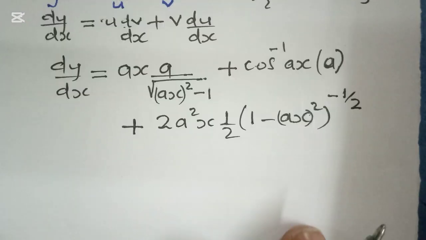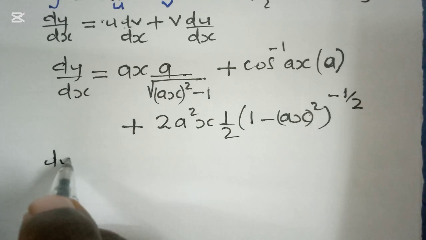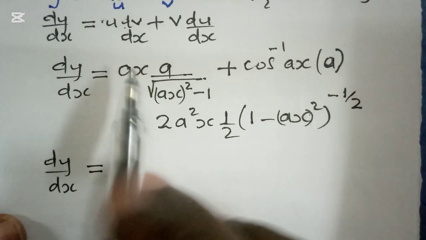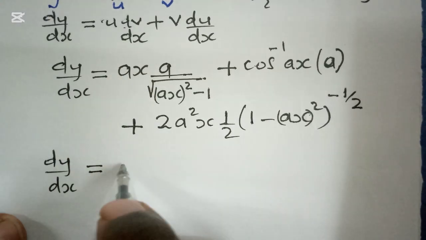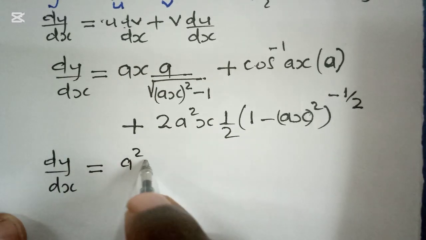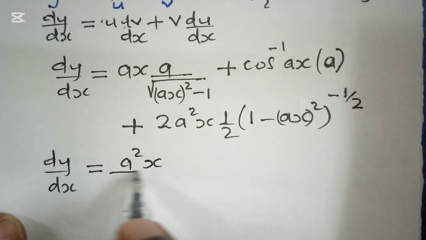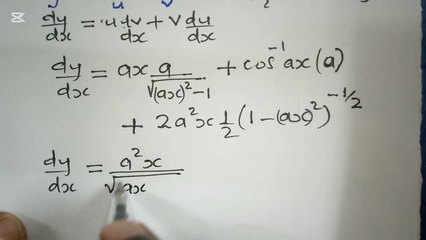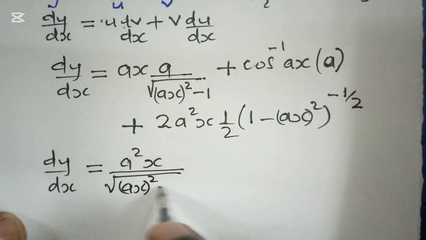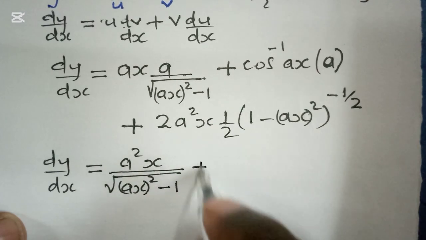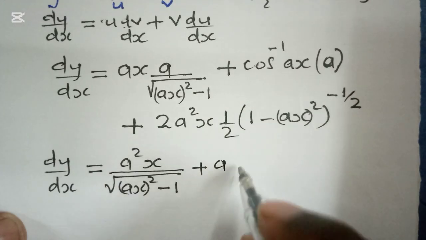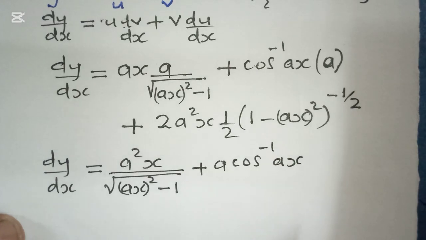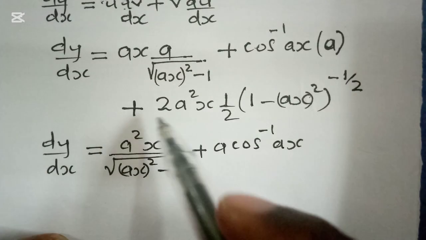So we continue. We shall say dy dx will now be equal to, you multiply a multiplied by a, that is a squared x all over square root of ax squared minus 1 plus, you can now start with the a, cos inverse ax. Now we come to this term.